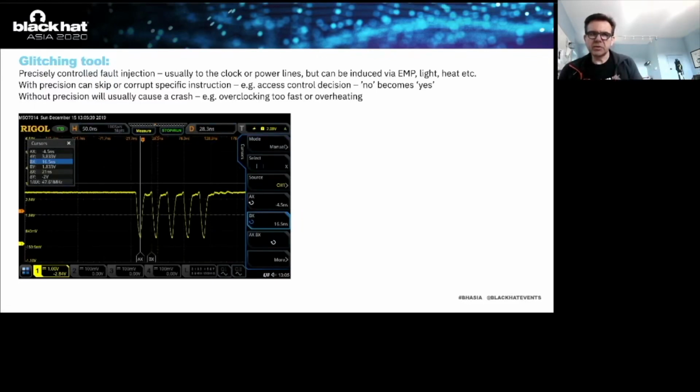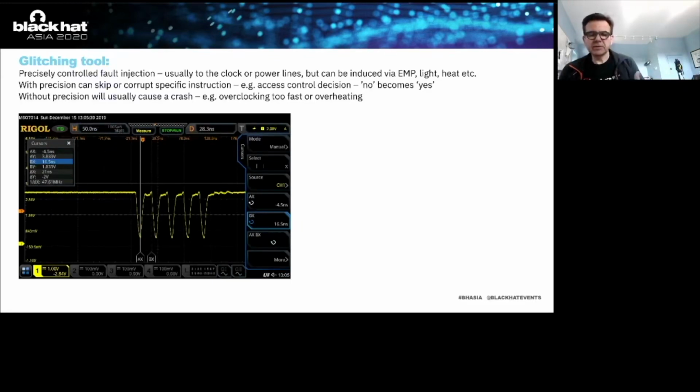If you do it precisely enough, you can actually corrupt a single instruction. So for example, if a value is being loaded from memory, from say flash RAM into memory on the chip, if you glitch at just the right moment, you potentially can corrupt that value.